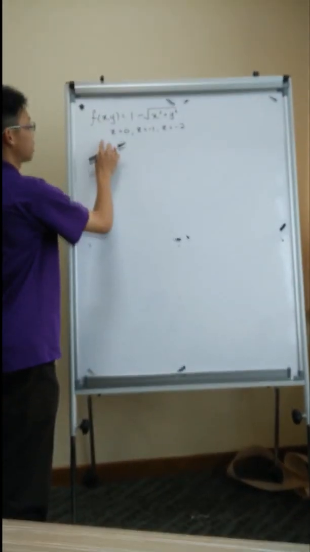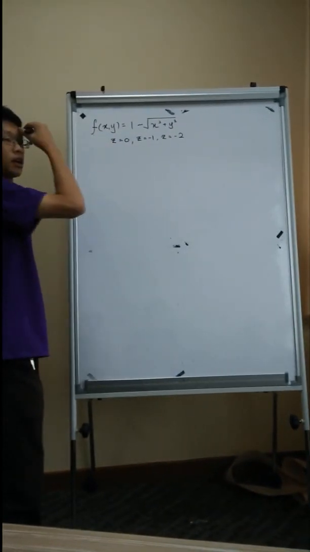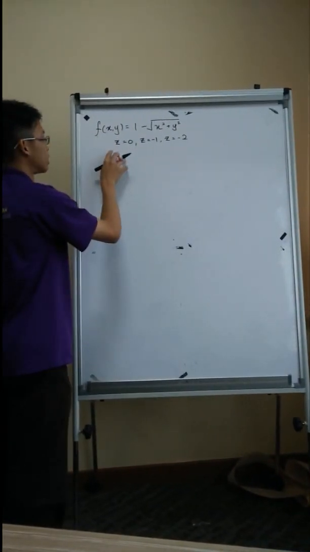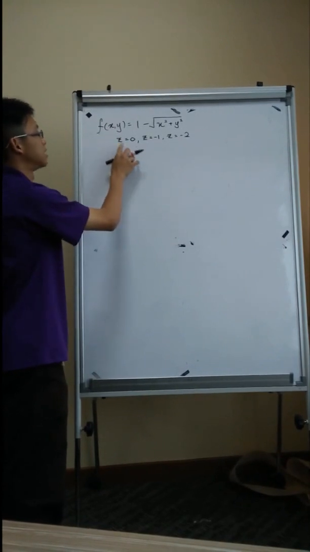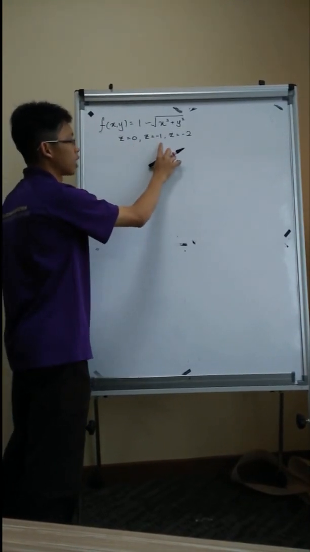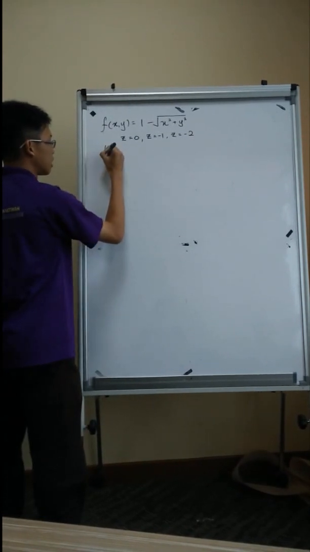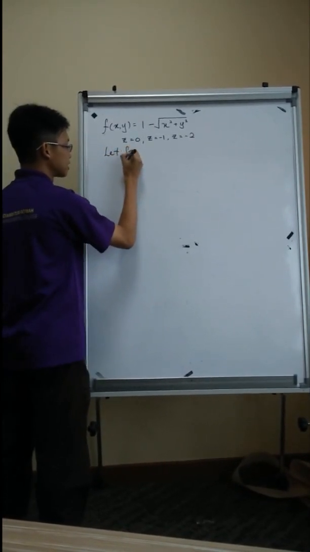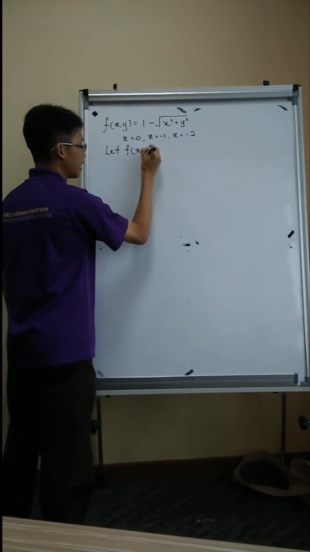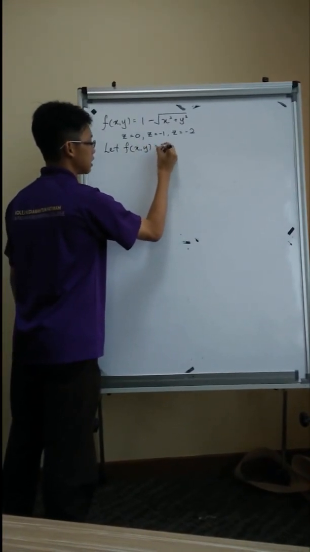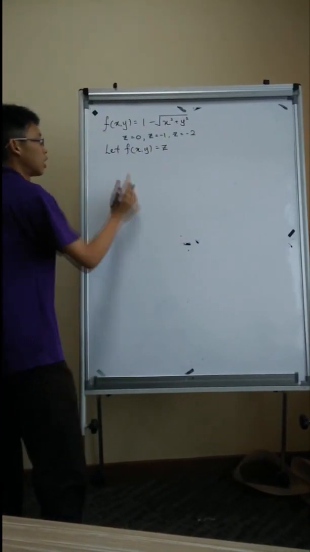After we found the domain and range of this function, let us find out the contour level of this function when z equal to 0, negative 1 and negative 2. First, we know that we can let f(x, y) equal to z.